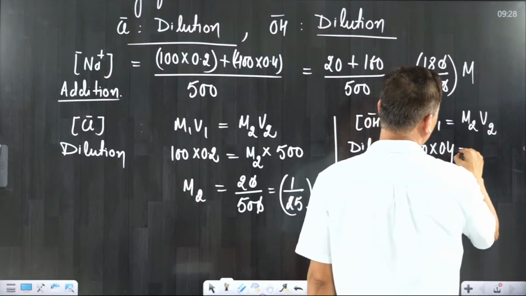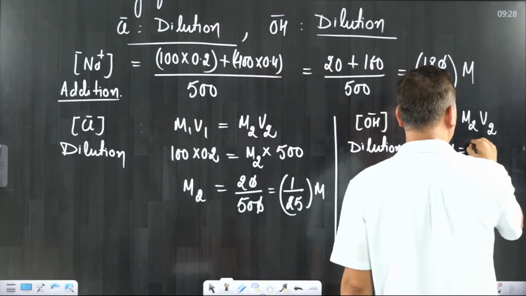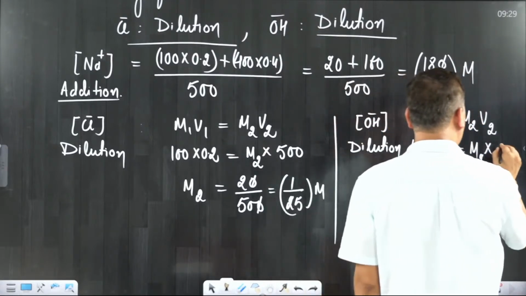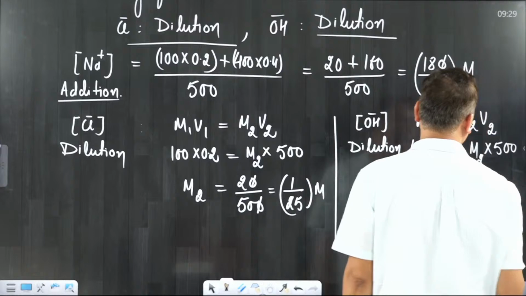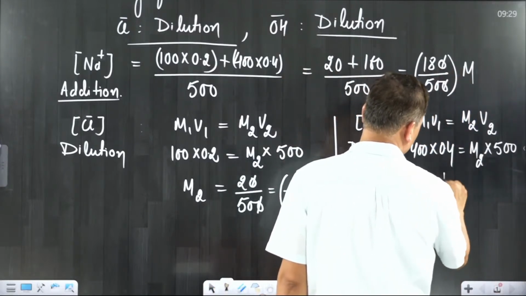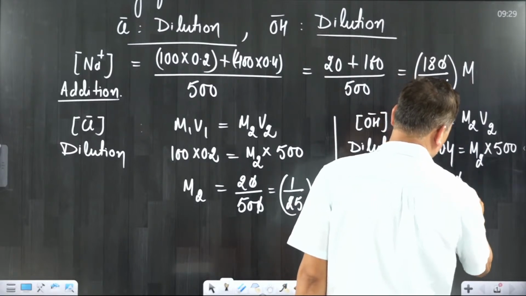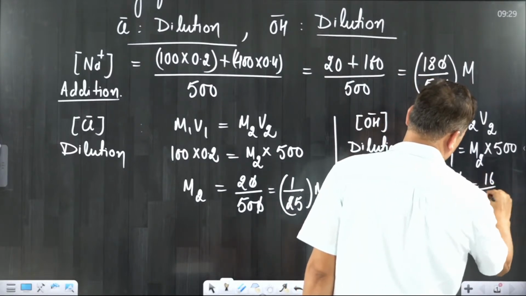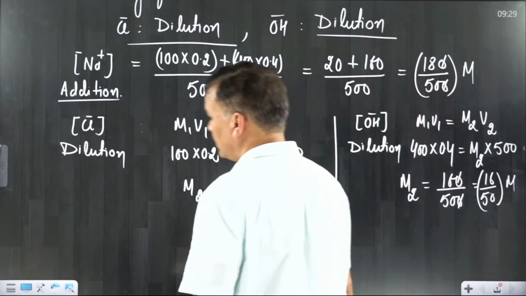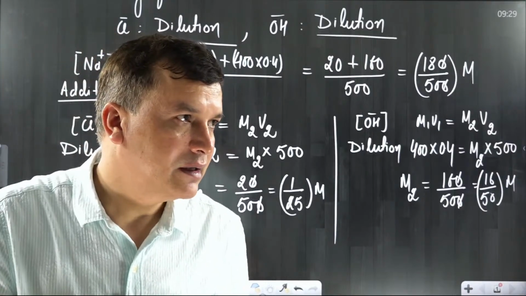Here is 0.4 into M2 that we have to find out. And will you tell me what will be final volume after mixing these two? That is 500. So dear student, here M2 is equal to 160 upon 500. This is molarity of OH ion in the final solution. So please respond. Is it clear or not?